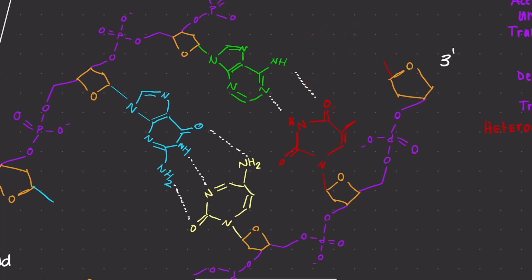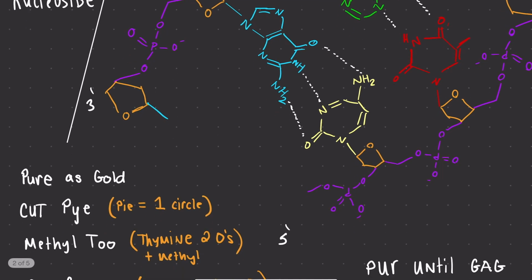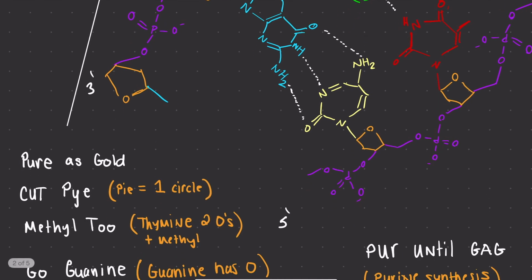But how do you identify which base is which? A good way to remember that is I have developed some memory devices and used memory devices I've seen in other resources. The first thing I always remember is "pure as gold." That means that the A and G represent adenine and guanine, and they are purines.